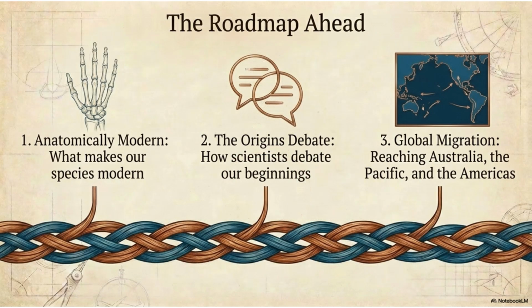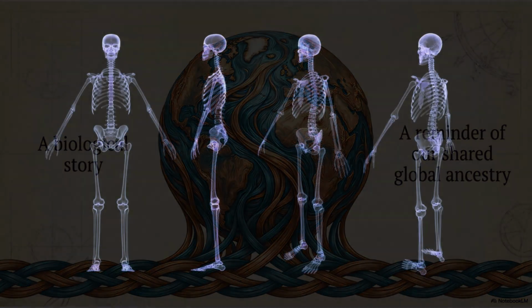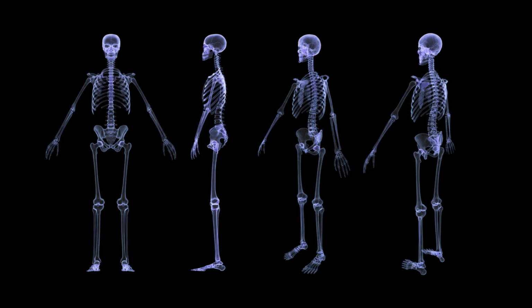In the next sections, we'll explore what makes our species anatomically modern, how scientists debate our origins, and how humans eventually reached Australia, the Pacific, and the Americas. By the end, you'll see how the emergence of Homo sapiens is both a biological story and a reminder of our shared global ancestry.